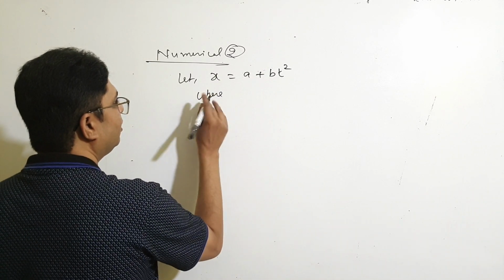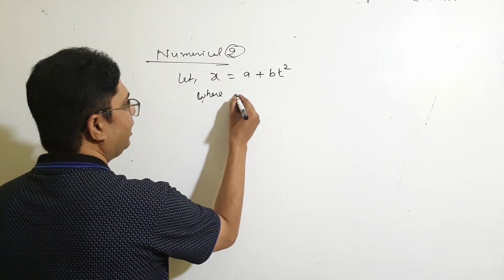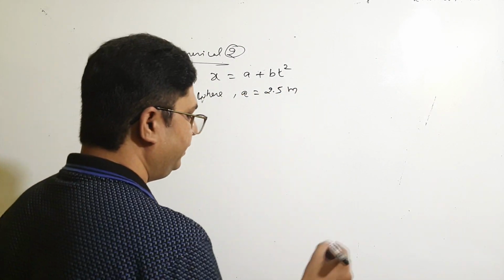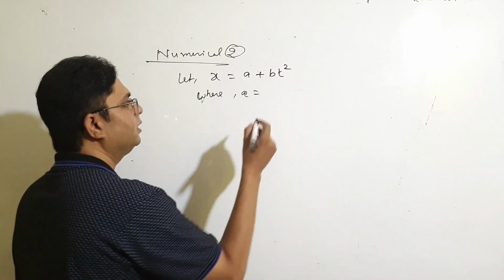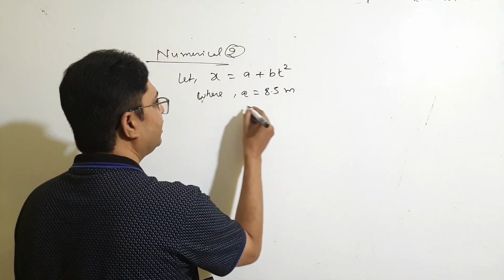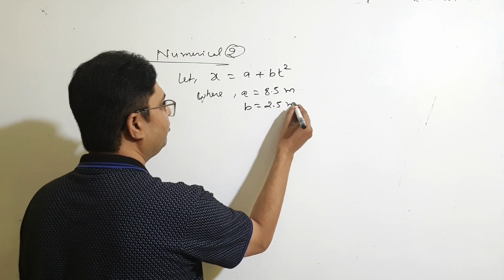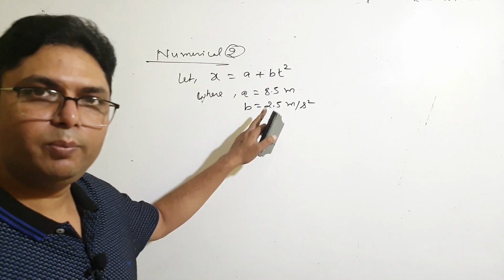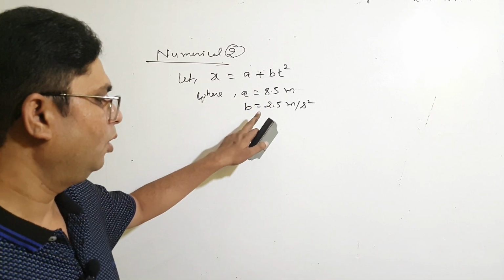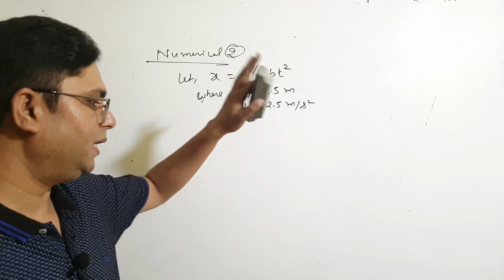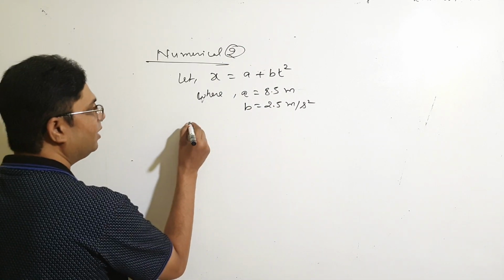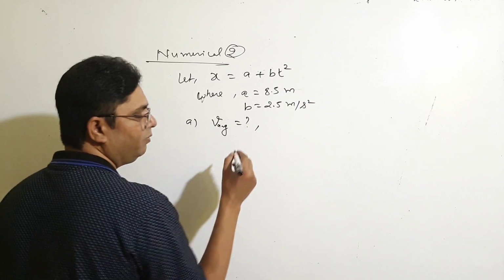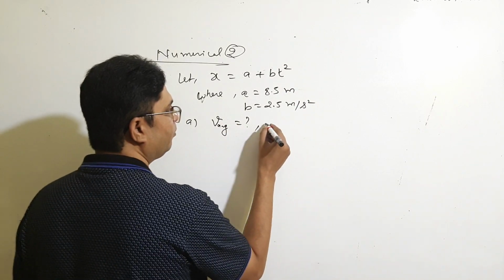In the question, a is equal to 8.5 meter and b is equal to 2.5 meter per second square, x equals a plus bt square. Then you have to find in part a, v average between 2 second to 4 second.